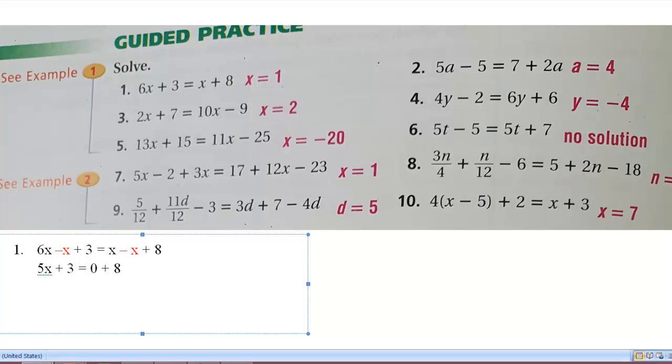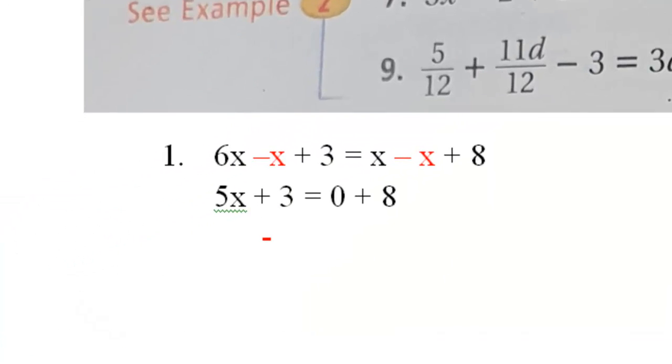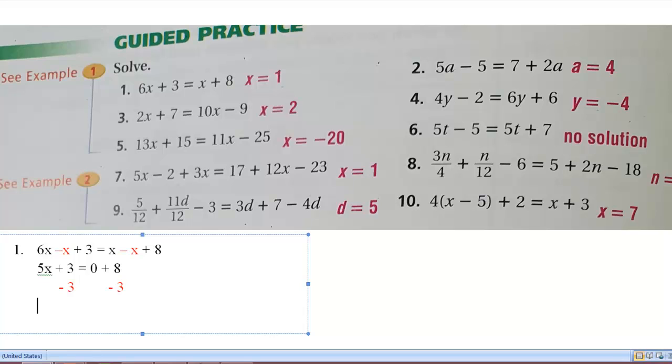And now, what will we do with the 3? We will subtract 3 from both sides. On the left, 5x and negative 3 plus 3 will be 0, so 5x equals 8 minus 3, which is 5.